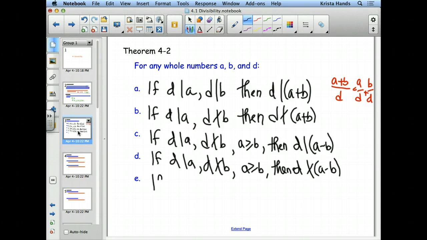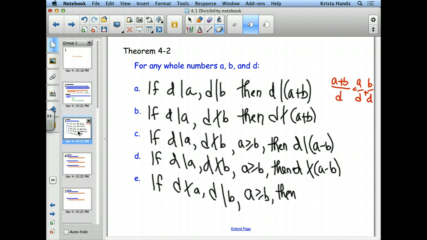Last one. If D does not divide A, D does divide B, and A is greater than or equal to B, then D does not divide A minus B either.